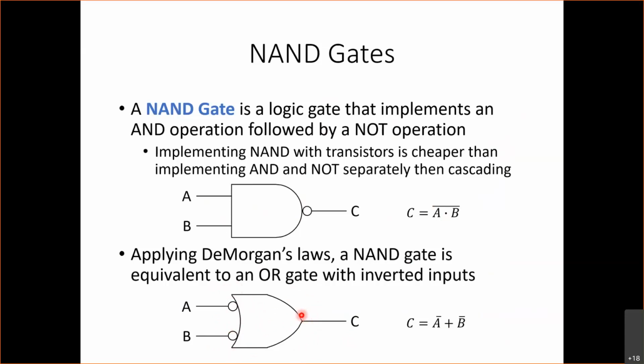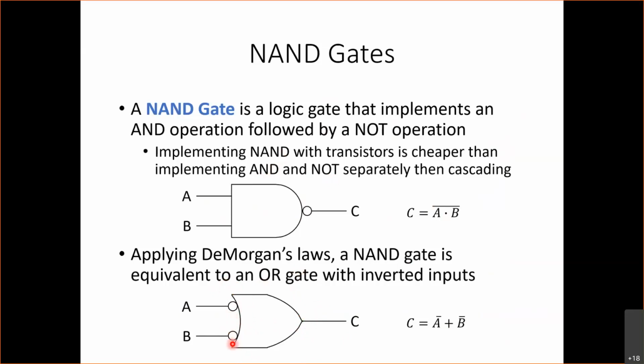Like I said, a NAND gate is cheaper to implement than an AND and an OR separately. In the same way, this OR with inverted inputs, this is also called a NAND gate. This OR with inverted inputs is cheaper to implement than implementing an OR gate and an inverter separately.